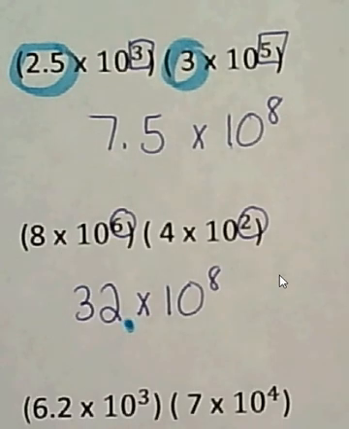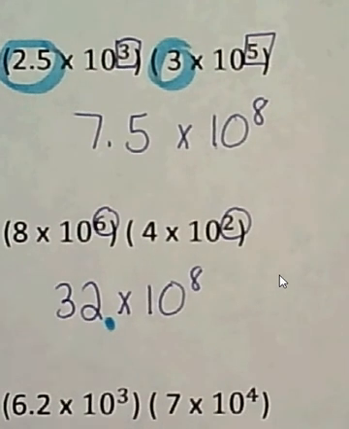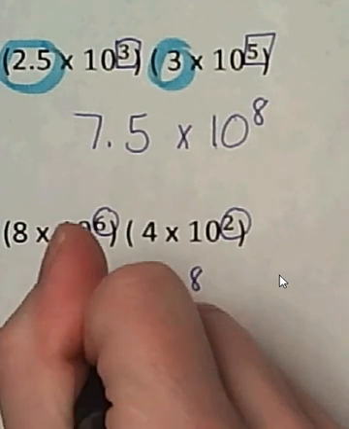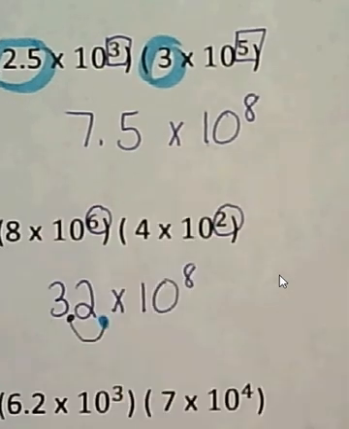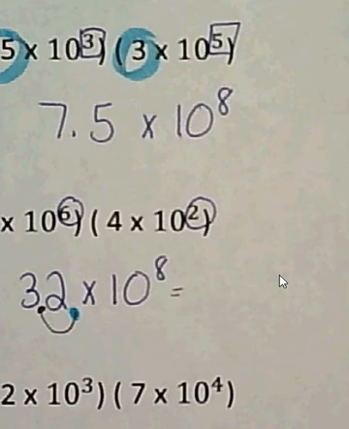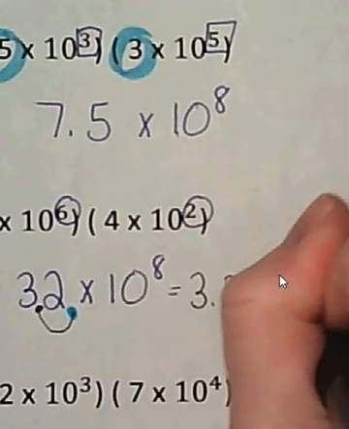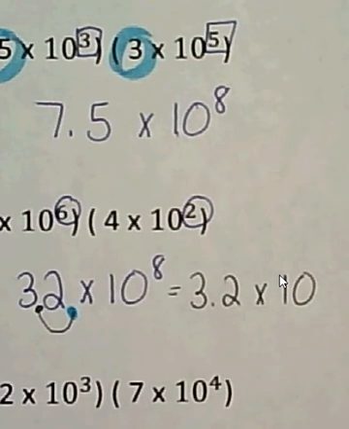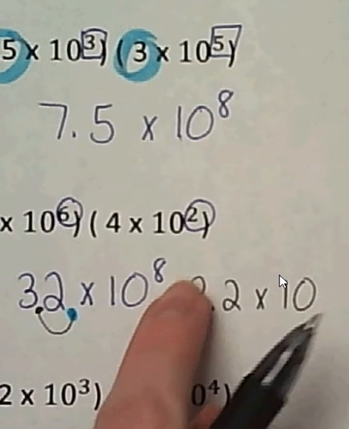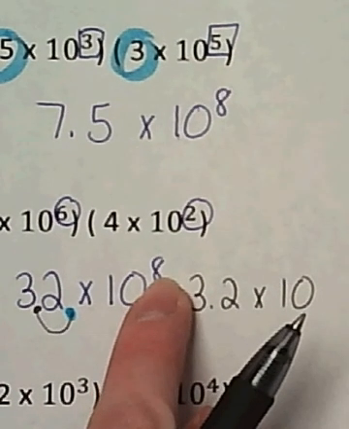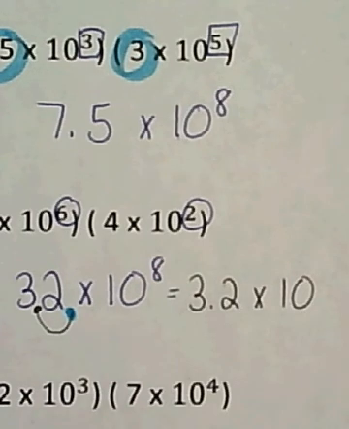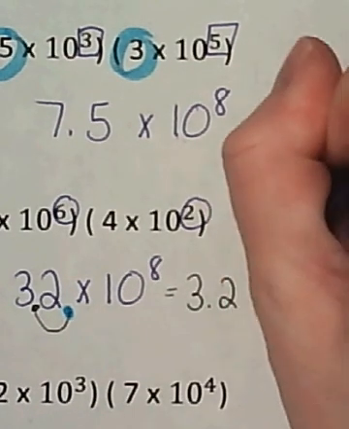So we want to put this in proper scientific notation form, which is actually pretty easy to do. In order to do that, we can move the decimal one place to the left, right? And we would get 3.2 times 10. Now because we moved that decimal, we want to make sure that we change our exponent. So here's what I always remember. I remember this word called LARS.